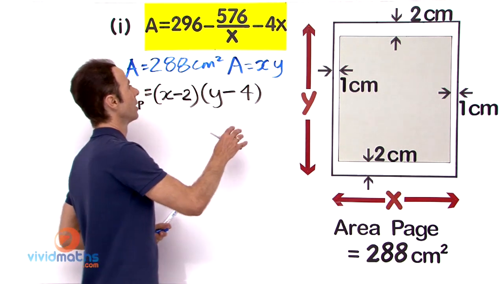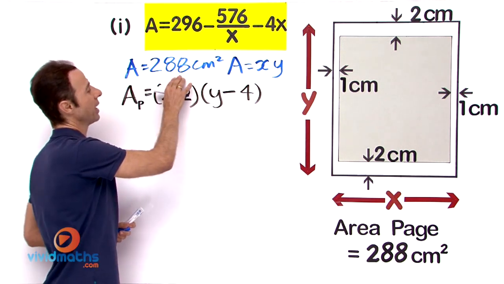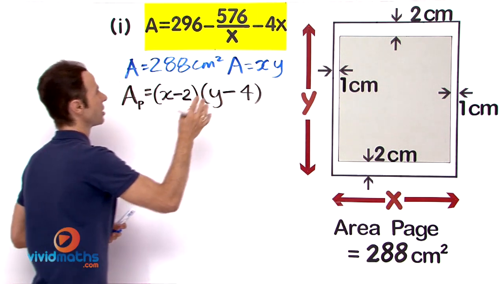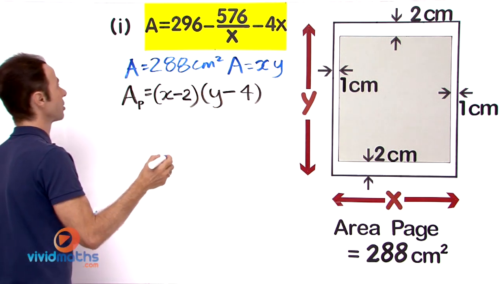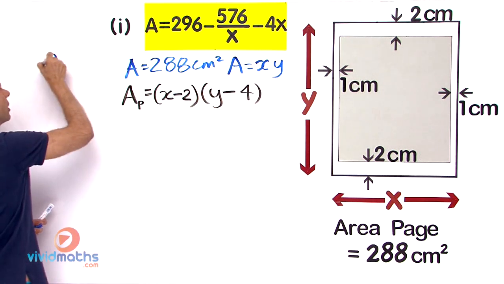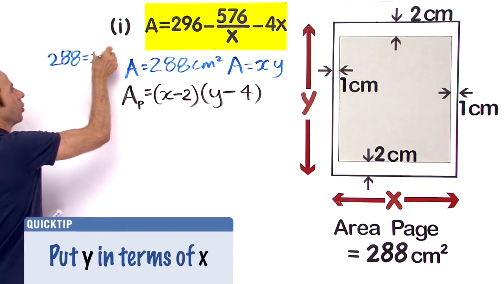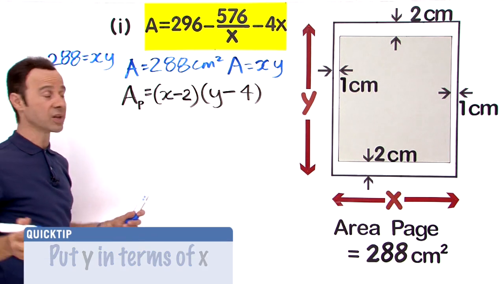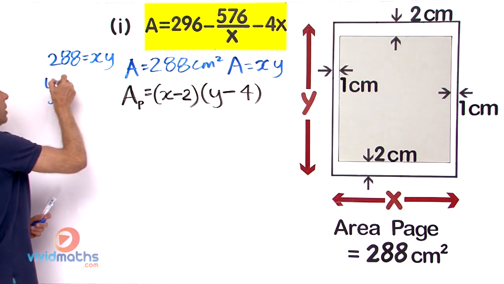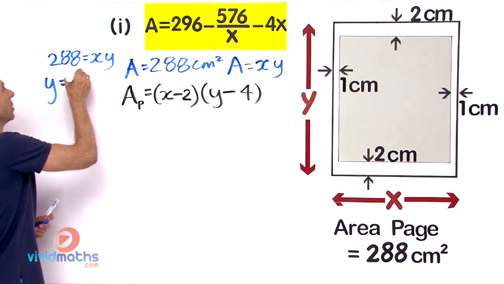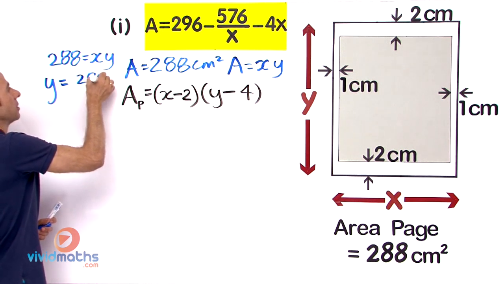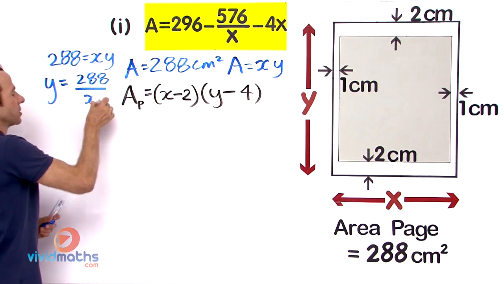So area equals 288 and that equals xy. So therefore I could say 288 equals xy. We can make y the subject. So y equals 288 divided by x.